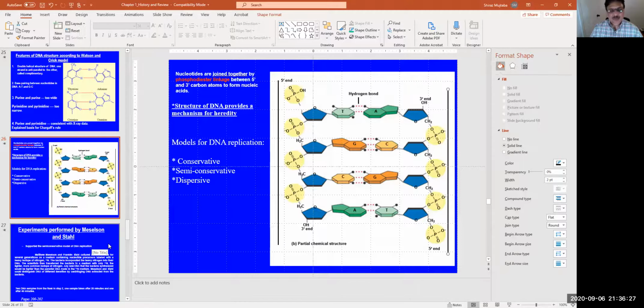These experiments and data led to more questions. The second series of questions was, if DNA is important for a cell, being its genetic material, how does it replicate?